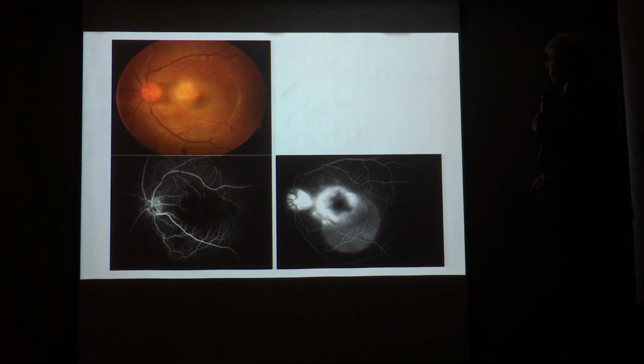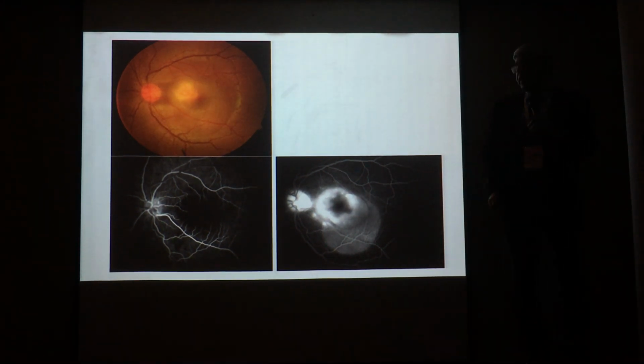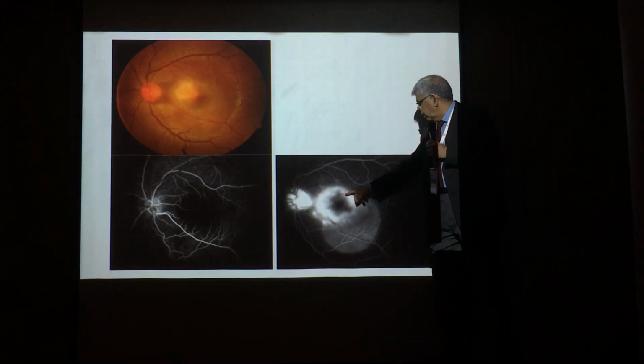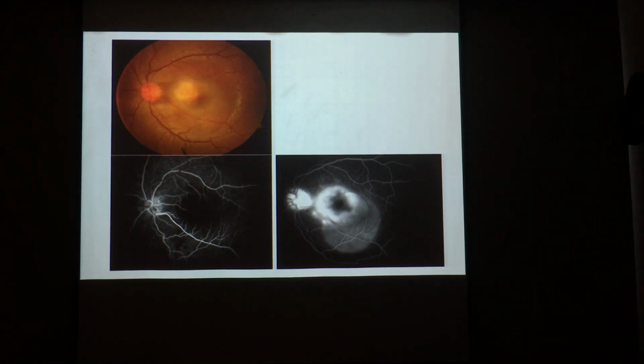But something here tells me that there is a little bit of hemorrhage which is blocking, and there is an intense fluorescence here. This fluorescence intensity reminds you of retinitis. That means this choroidal granuloma is now going into the retina, pushing itself into the retina.